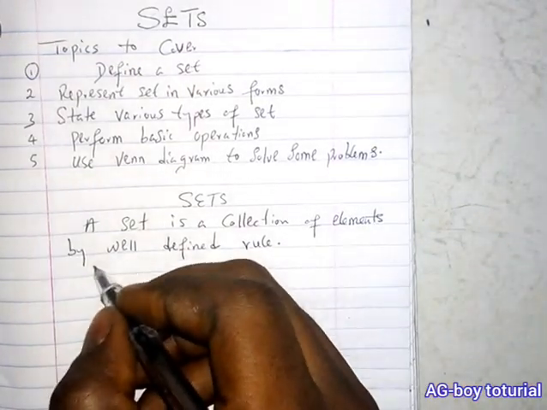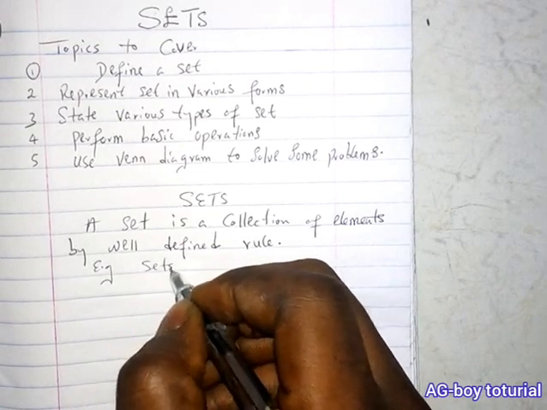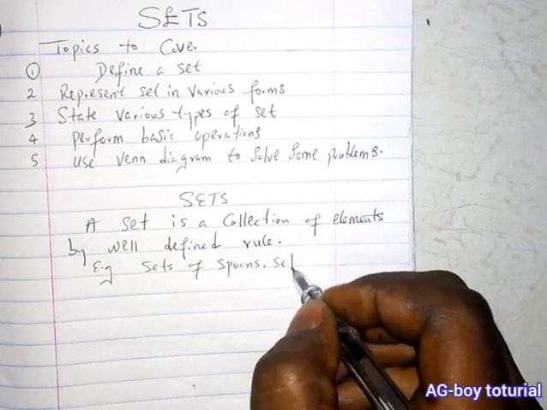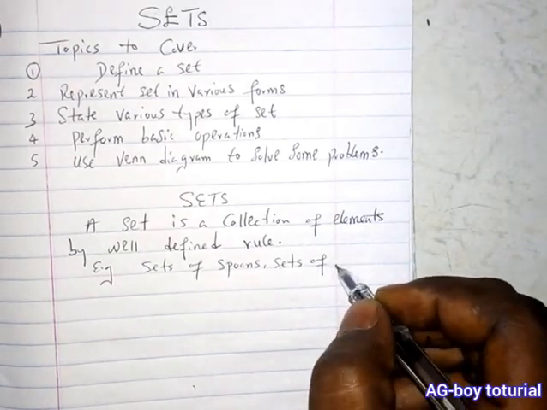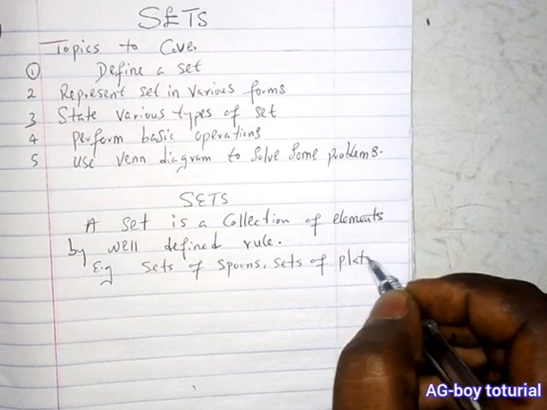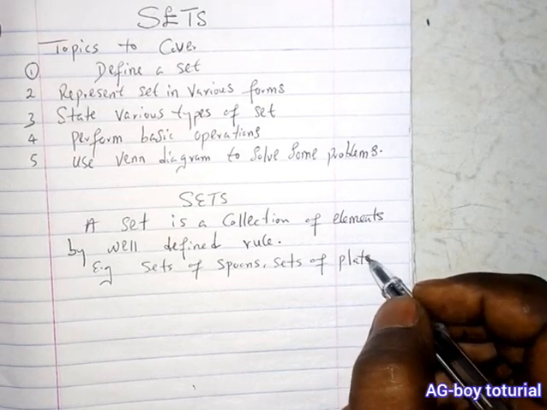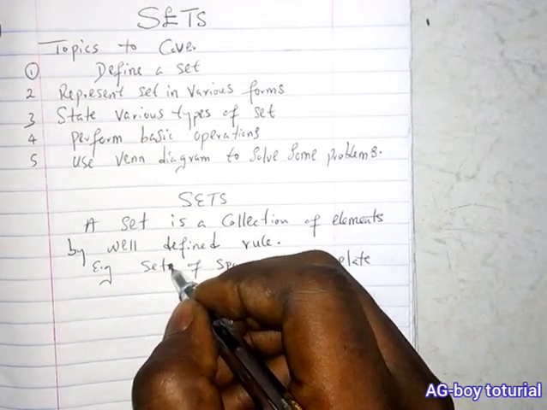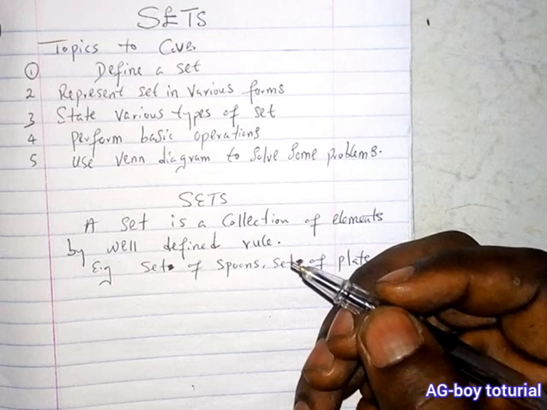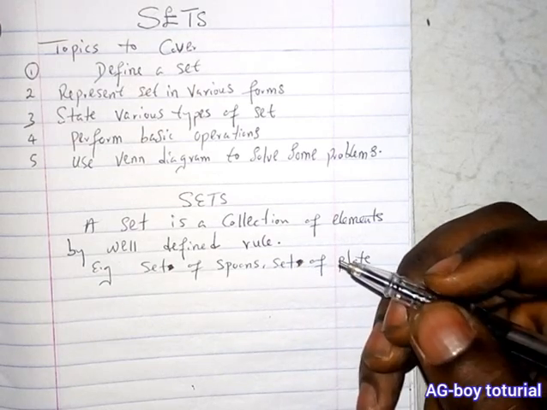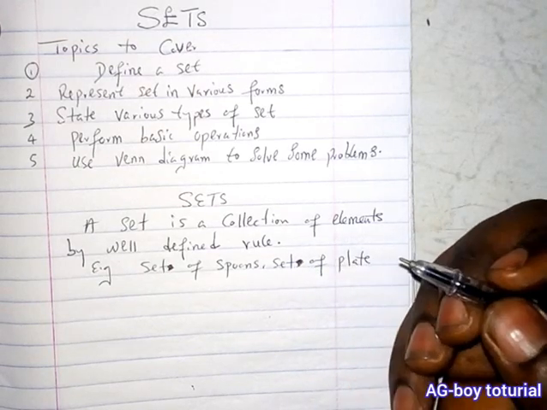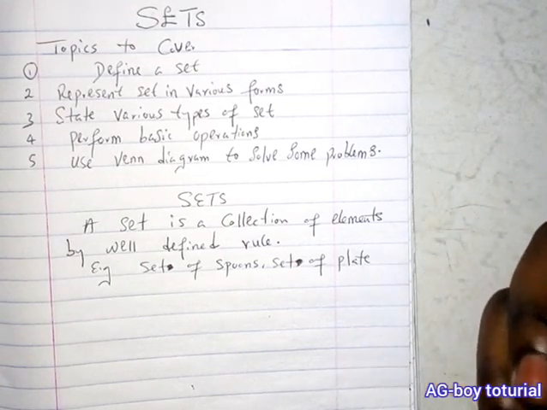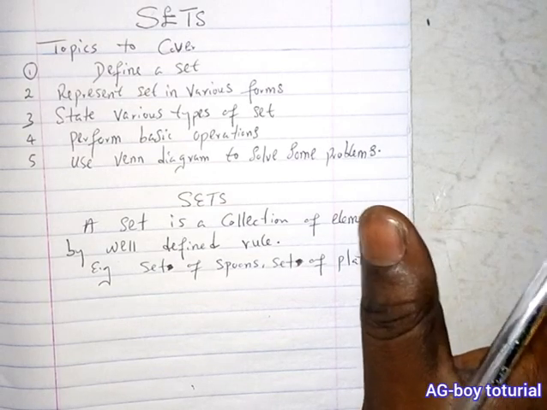For example, we have sets of spoons, we have sets of plates, and many others like that. We have a bunch of bananas, and all these are sets.